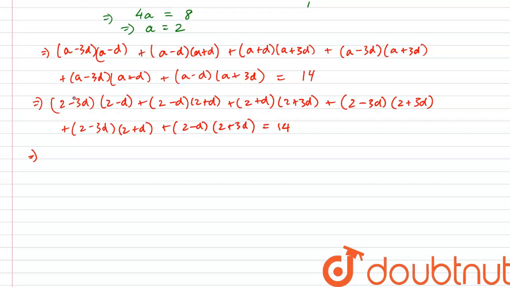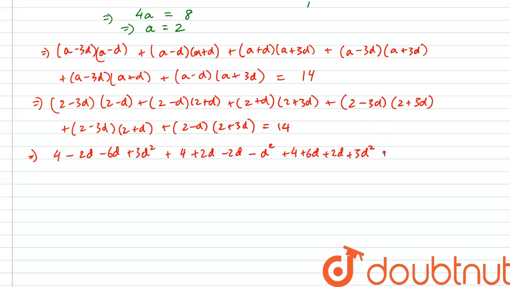So we would have 4 minus 2D and then minus 6D and plus 3D squared. From this bracket we'll have plus 4 plus 2D minus 2D and then minus D squared. From this we'll have 4 plus 6D plus 2D and then plus 3D squared.